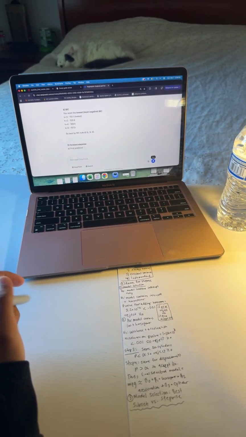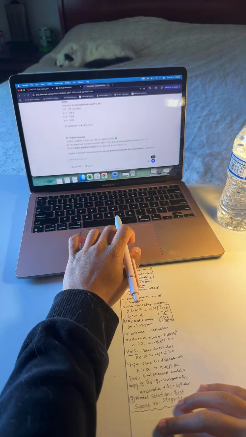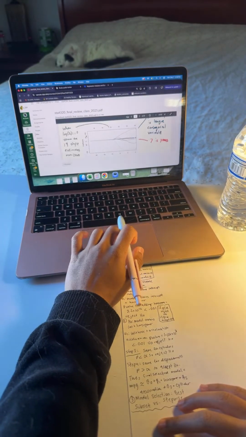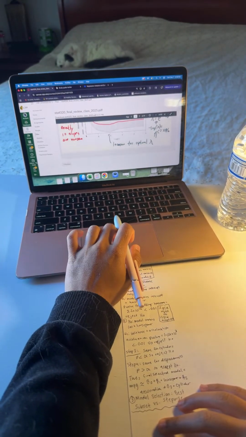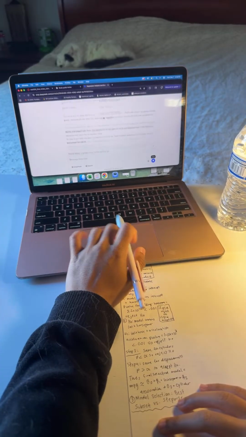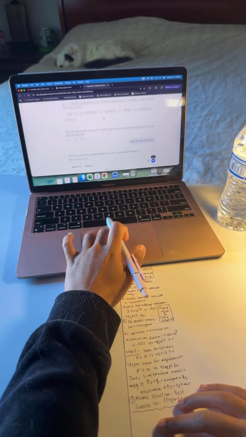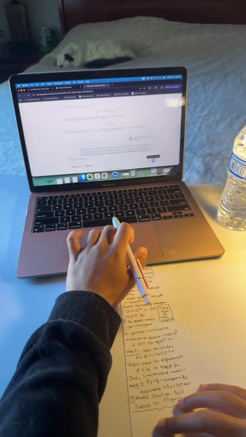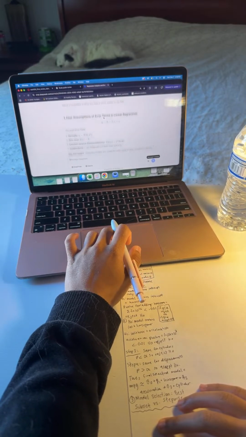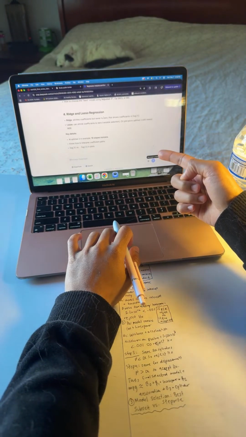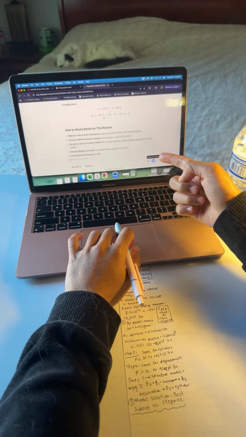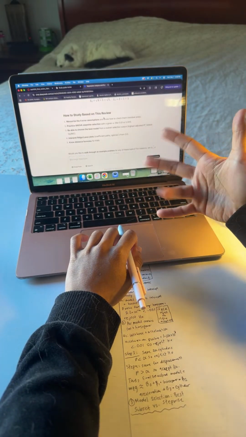How many questions do you have left? Alright, so it's not really questions from this final review. It's more like concepts. So I'm on the 3rd concept right now, because he said there's 6 concepts.